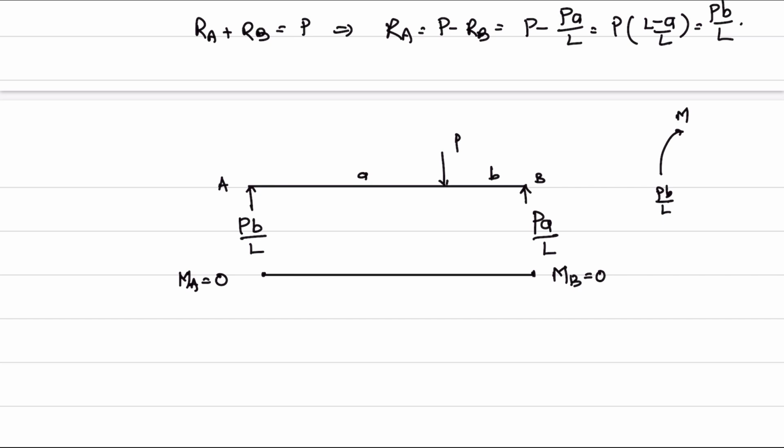This is positive. In between, at a distance of x from here, I am only writing the values now, Mx is equal to PB by L into x.